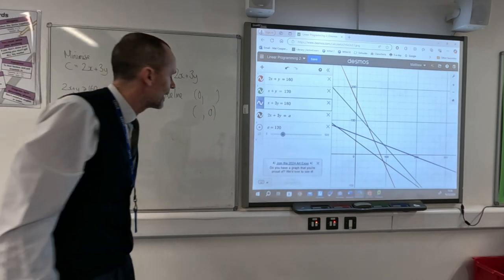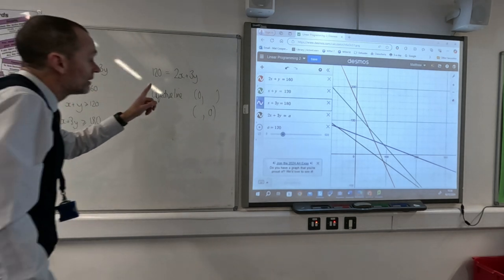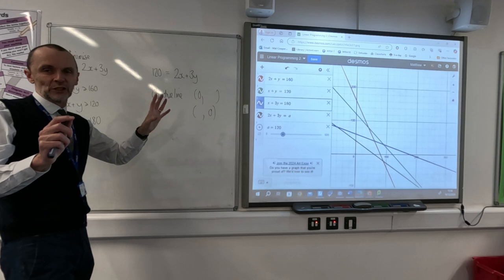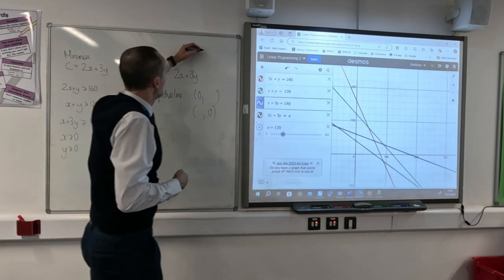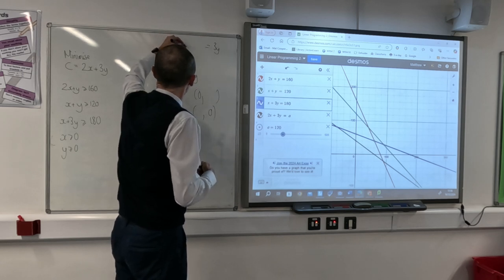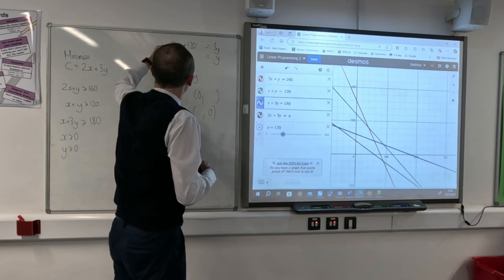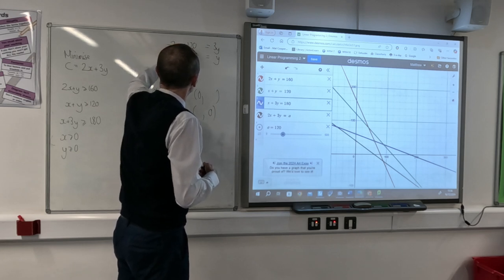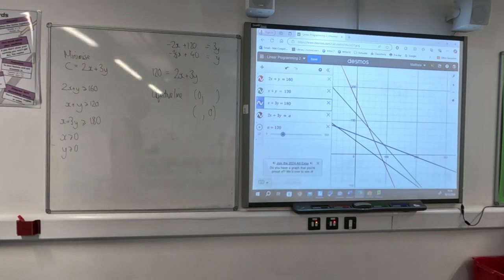On my graph, that's that black line. Now, I've got the skills to work out the gradient of that line. I can rearrange it so I've got just the y on its own, and then I can divide by 3. So I know that line's got a gradient of minus 2/3 and crosses the y-axis at 40.